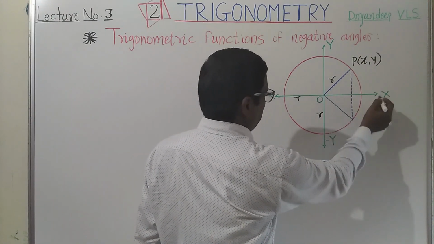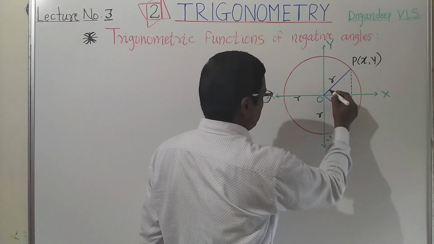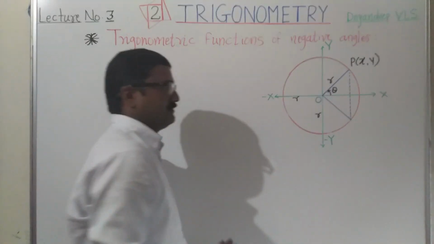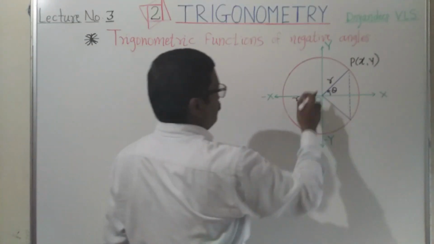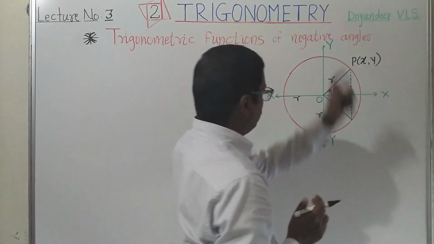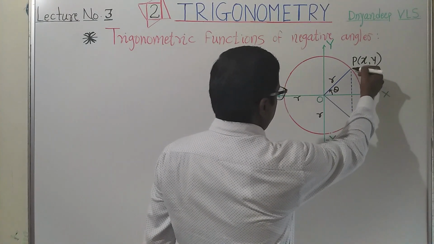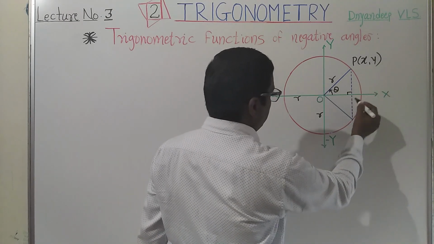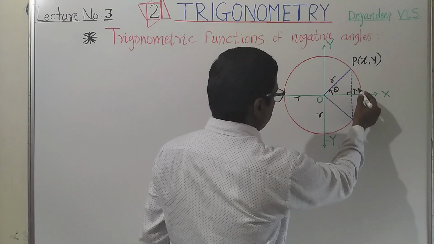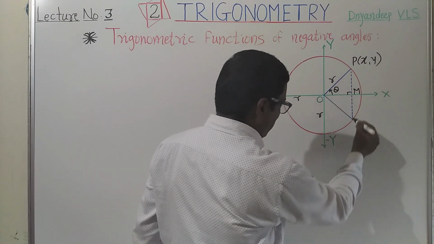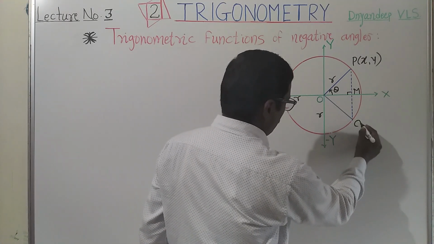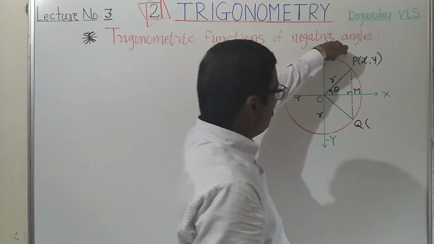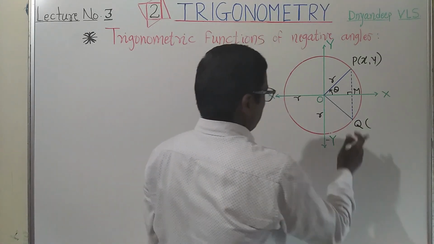Let us suppose that this angle XOP has measure theta. If theta is the angle XOP or inclination of line OP, and you draw a perpendicular from point P on the x-axis, suppose this perpendicular PM cuts the circle once again at point Q. Obviously, this Q is the mirror image of point P with respect to OX.